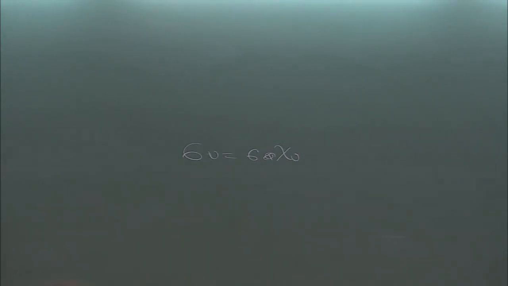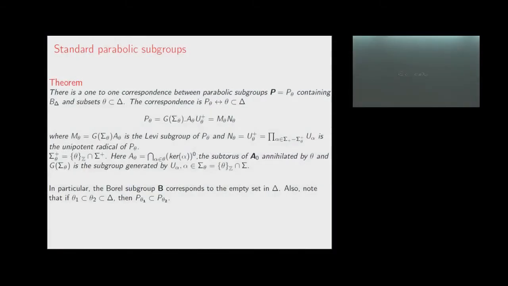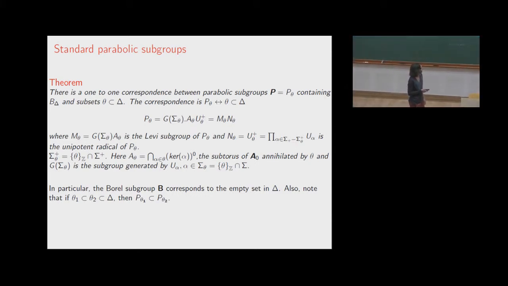One other object which is at the center of our work is a standard parabolic subgroup. So those parabolic subgroups are indexed by theta, where theta is a subset of delta. So you define a reductive group by a root system. That's a classical way to define a reductive group.